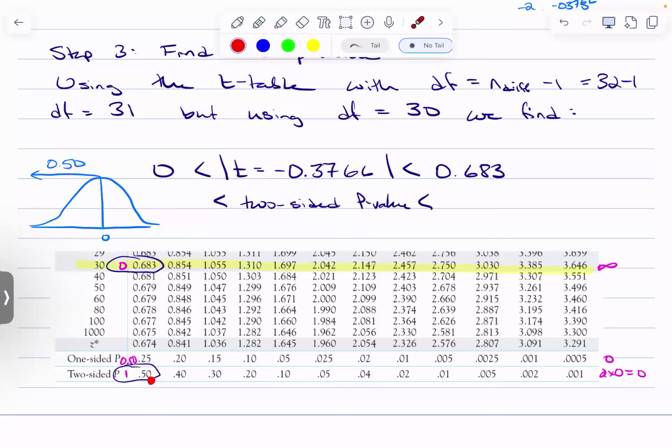I have to read it from right to left, just because as the T's are increasing, the area in the tail is decreasing, but you always have to list them from smallest to largest, especially if you want to preserve this inequality like this, right? So then my two-sided p-value is somewhere between 0.50 and 1, which is really, really large, telling me I do not have enough evidence to reject H naught, right?